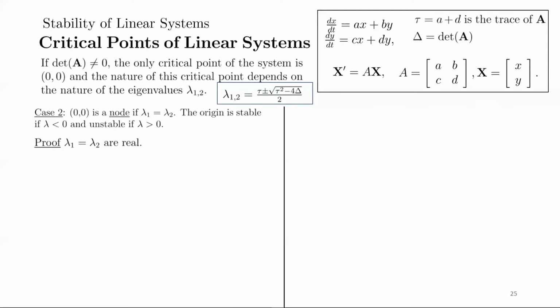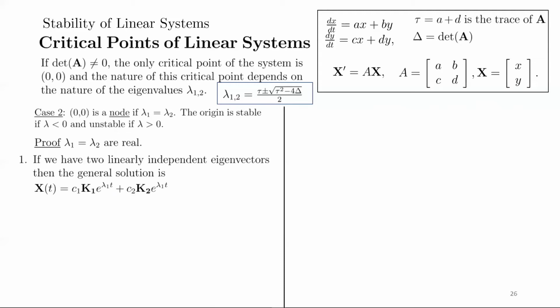Let's have a look at the proof. If lambda 1 equals lambda 2, then we know that the general solution can be written like so. If we can find two linearly independent eigenvectors, then the general solution is given like so.